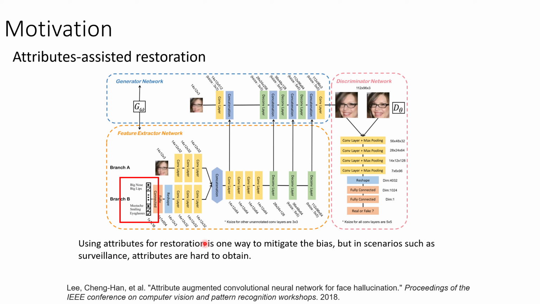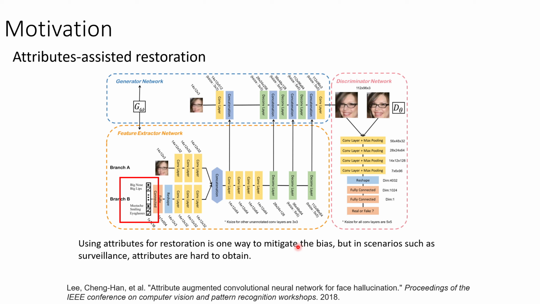And using attributes for restoration is, of course, one way to mitigate the biases I mentioned just now. But in scenarios such as surveillance, attributes are hard to obtain. In real-world cases, for example surveillance, we use face restoration because the quality is bad and not perceivable.